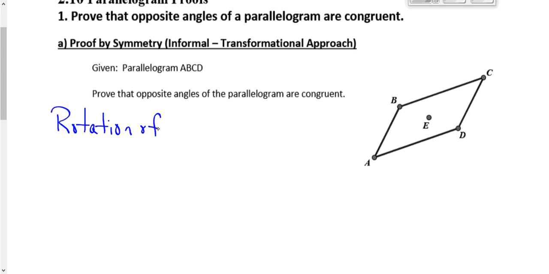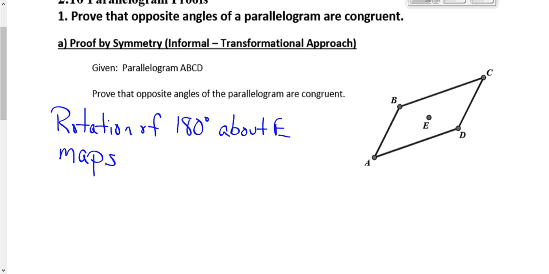We don't want that, right? We want to prove opposite angles. So the angle on the other side is congruent, right? Rotation of 180 degrees. What's our center? About E. Okay? Remember, if a rotation, which is rigid, maps something onto something, they must be congruent, right?